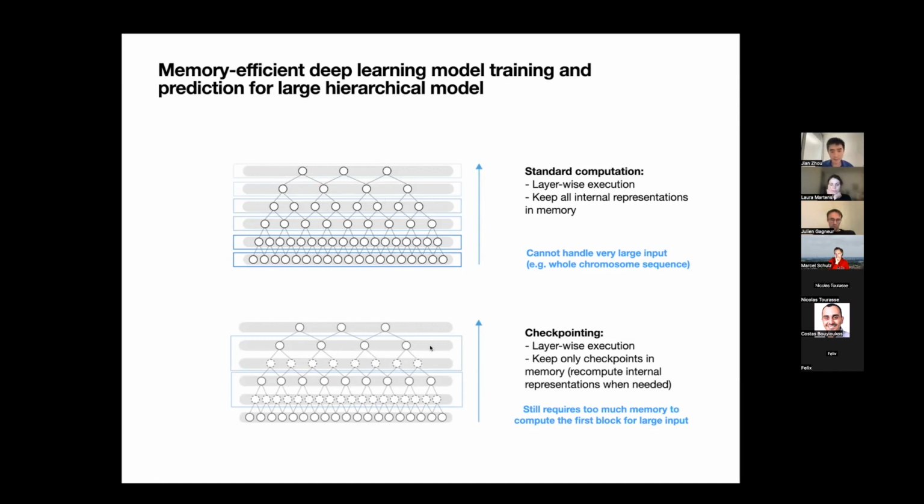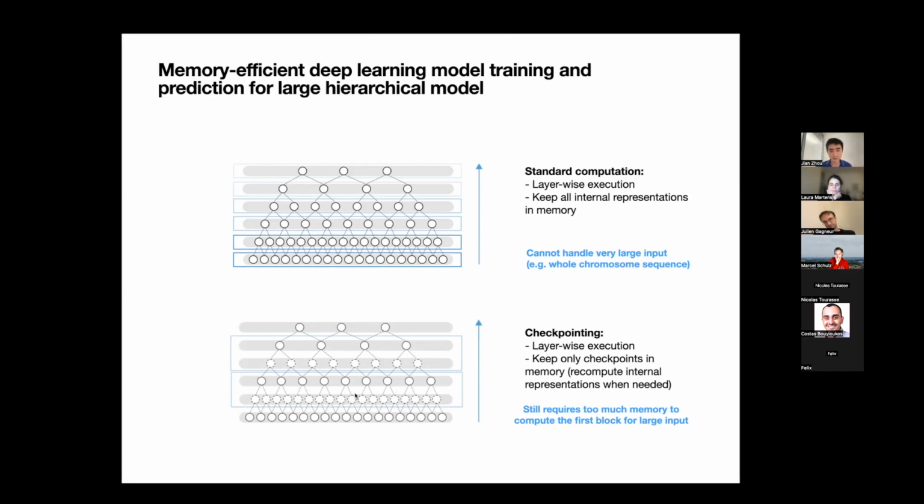The checkpointing approach reduces the amount of memory that is needed by only saving the internal representations at the checkpoints. At the non-checkpoint positions, the internal representations are thrown away, but you can recompute them during the backward pass. So this trades some memory usage for about 2x the computational cost.